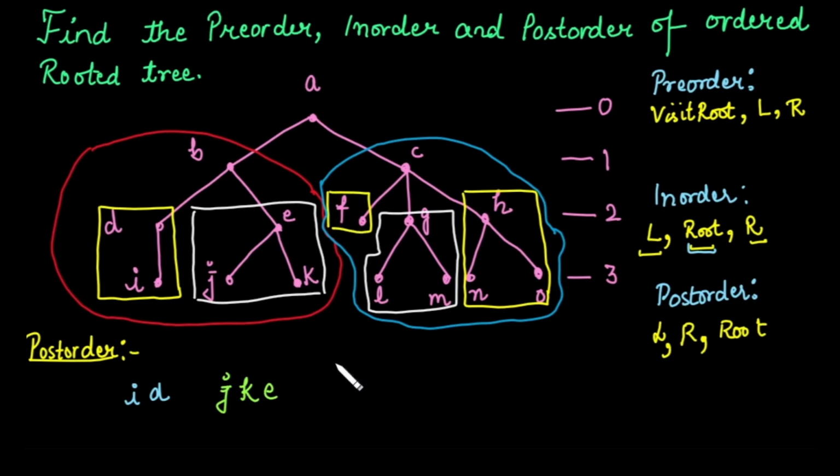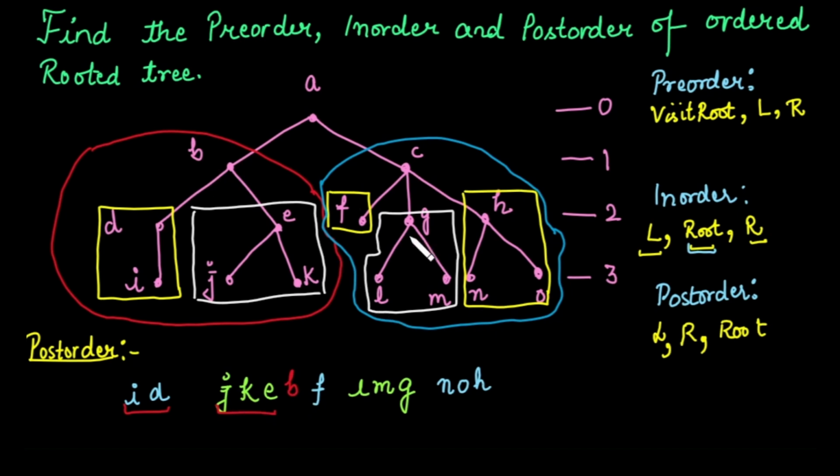In the next subtree, we have simply a root. There exists no left as well as right child. For the next subtree, left child is L, right child is M, and the root is G. For this subtree, left child is N, right child is O, and then root H. Now moving back to level 1, in this case the first subtree we have is with the root B. For this case the post-order is left child, that is here, right child this, then root.